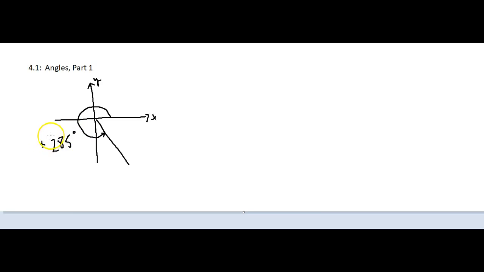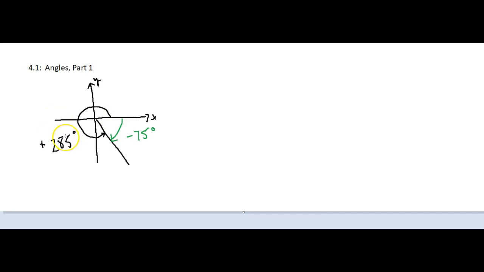So we can also refer to that as a negative angle by rotating in a clockwise direction. So beginning on the positive x-axis, again the initial side, and rotating this way clockwise, minus 75 degrees.